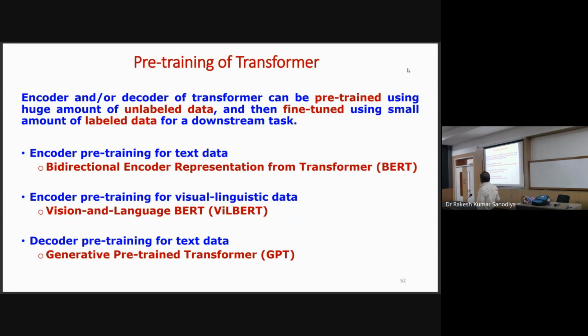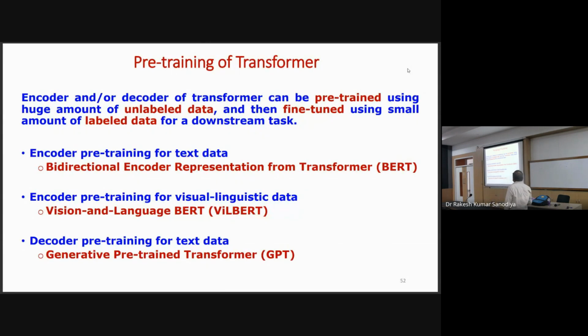Basically, this is an encoder used for pre-training with only text data. All right, as we'll be seeing a little later, I use some unlabeled data. When I say unlabeled data, I have some sentences in a language, and there are no corresponding desired output sentences. I just use all these sentences in a particular language to train this model so that the information about these sentences is captured by the model.